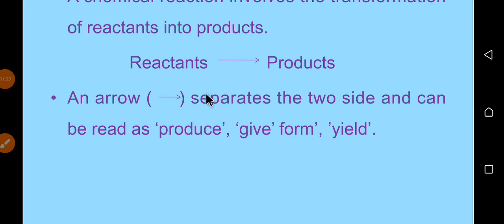Meaning we can interpret this arrow as reactants produce product, reactants give product, reactants form product, or reactants yield product.